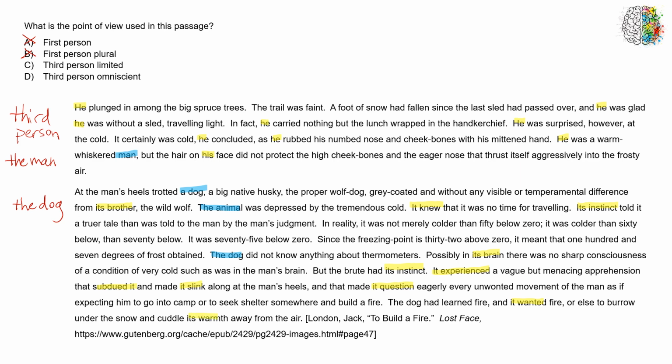So here we see our subject is the dog. The pronoun is it, and so once again we have the dog, and this is third person. So we know that our answer is going to be third person omniscient because the author is talking about the man in the first paragraph and is talking about the dog in the second paragraph.